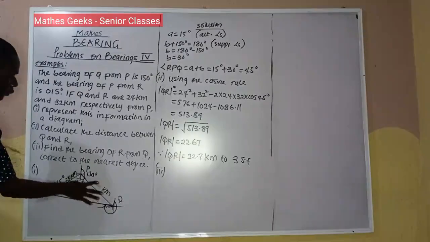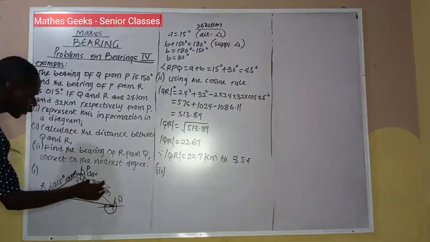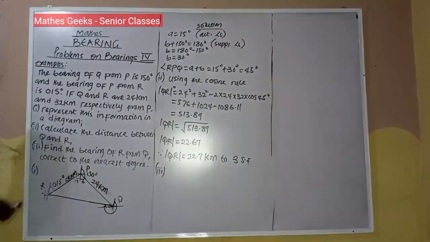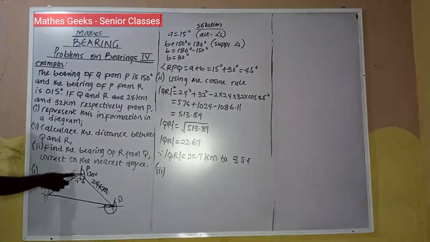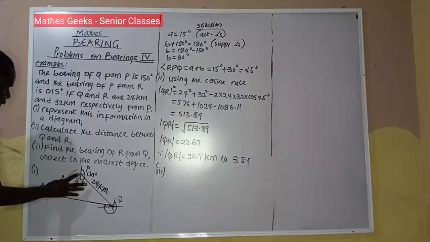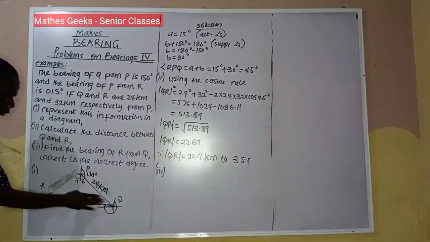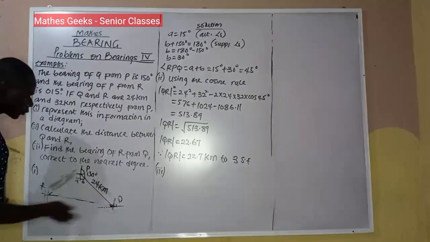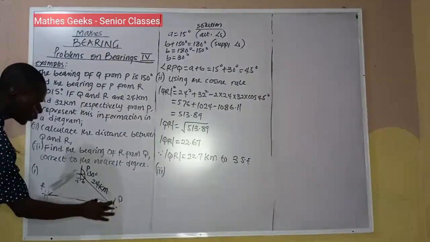It doesn't affect the calculation here, but if I don't make the correction, it will affect the bearing result. So here will be 32 kilometers, and this line should be longer than this one. So I'm going to start with this again. This still is point Q, 24 kilometers.